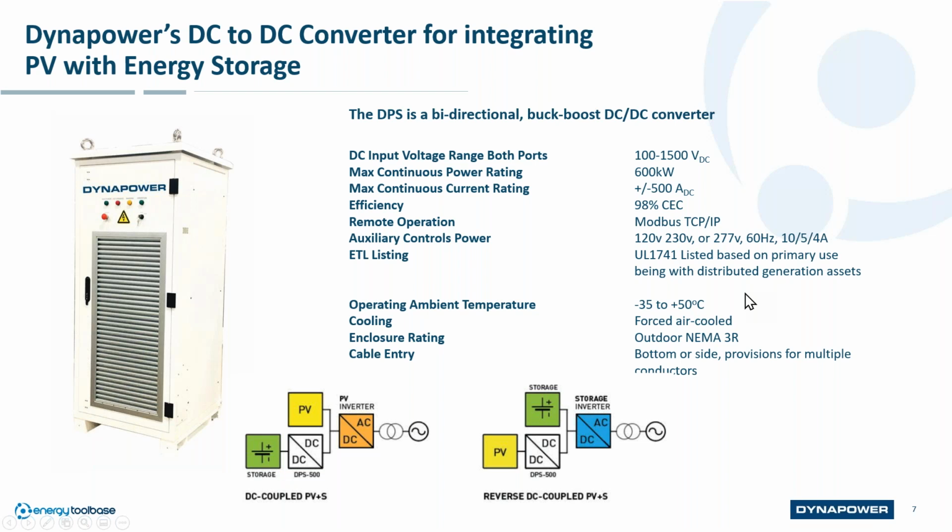On a DC coupled system, in the first figure there, DC coupled PV plus solar, you have a PV inverter, and then you have your solar connected to the PV inverter, and you also have Dynapower's DC to DC converter connected to the same connection point. And then the DC to DC converter uses PV energy to charge the battery.